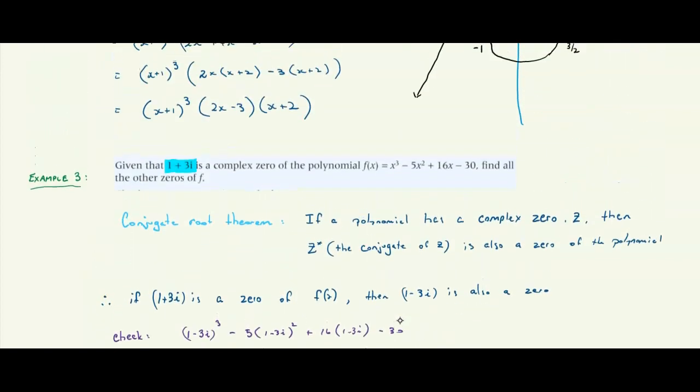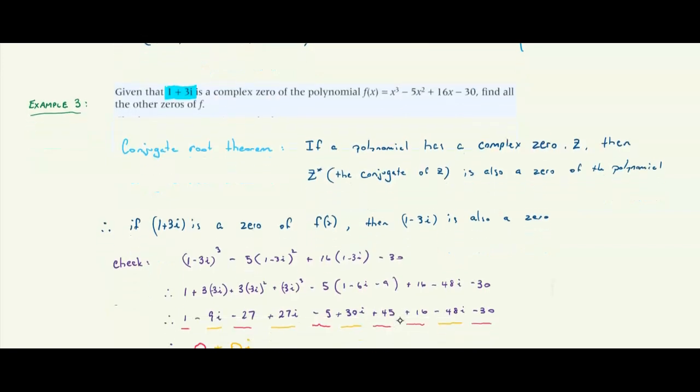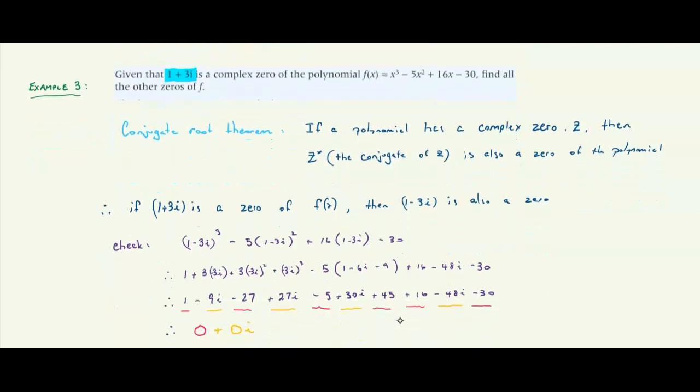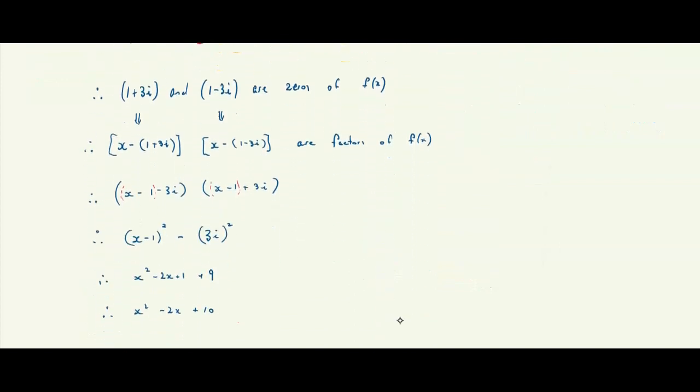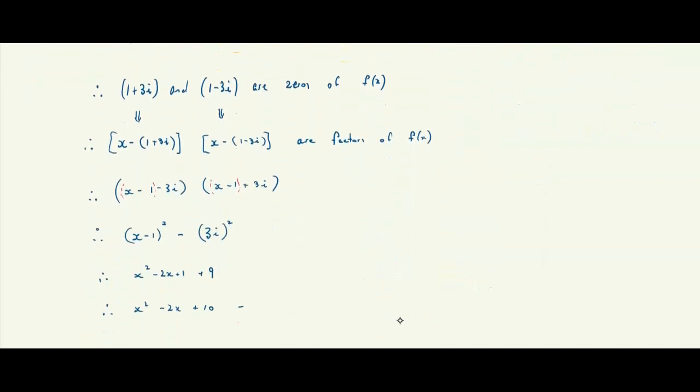So my single real solution, and it must be a single real solution now. I can't get a complex one because complexes come in pairs and there's only one left. Now I divide my quadratic into x cubed minus 5x squared plus 16x minus 30, and we will have our linear. So we're going into a long division because it's a quadratic divisor.